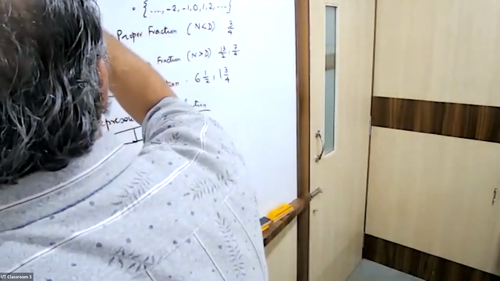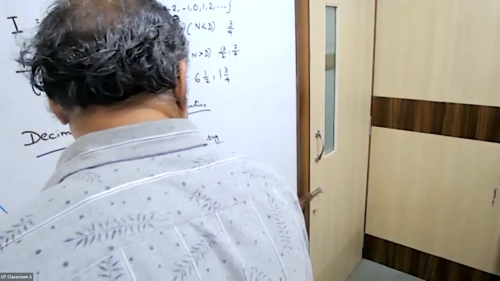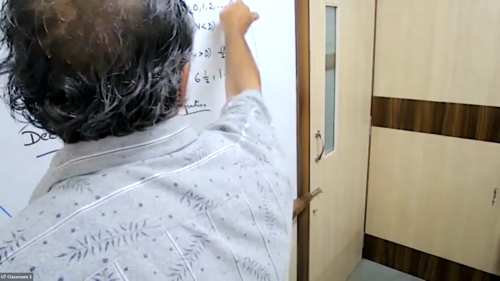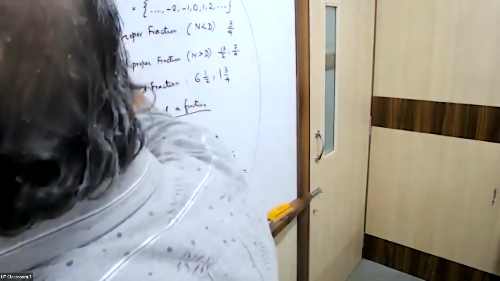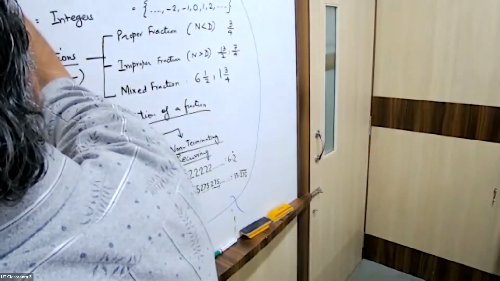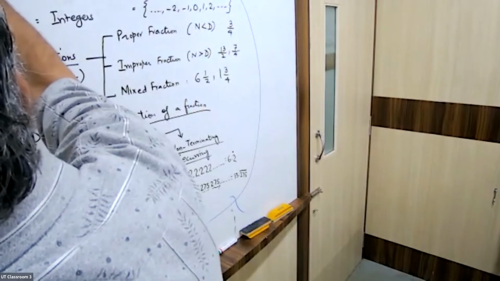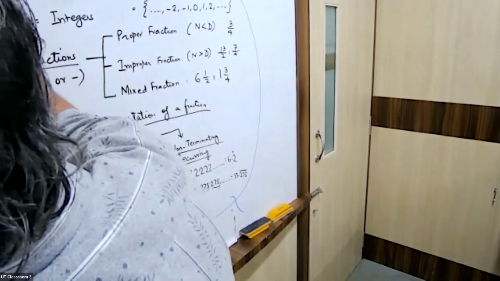All these numbers are denoted by a capital Q. Capital Q implies rational numbers. What does Q include?